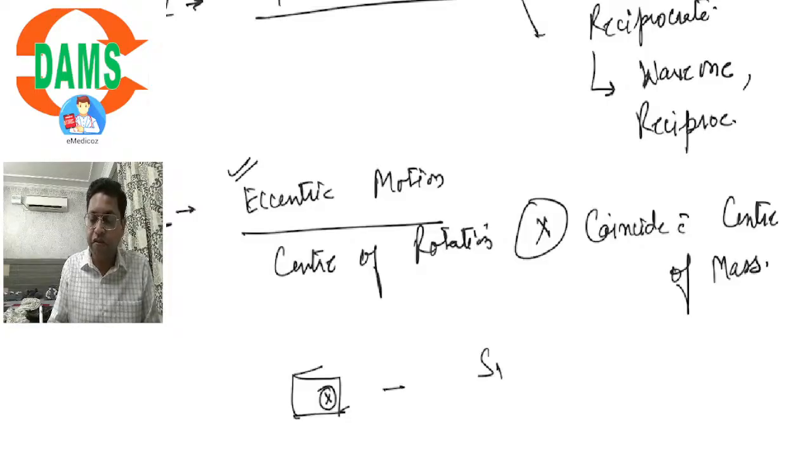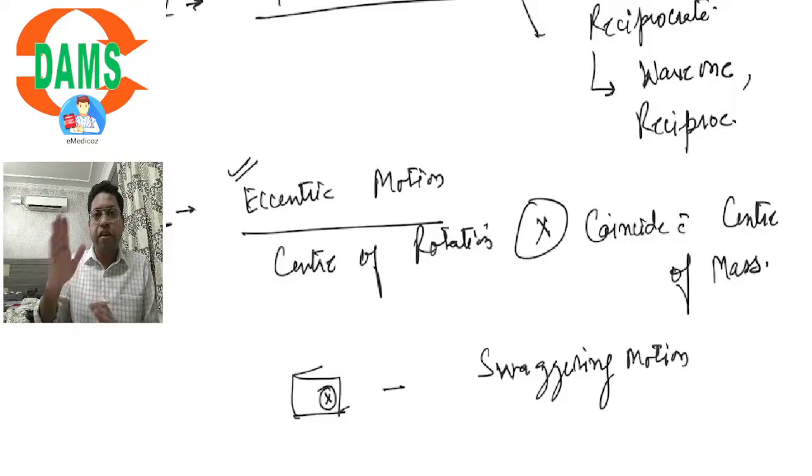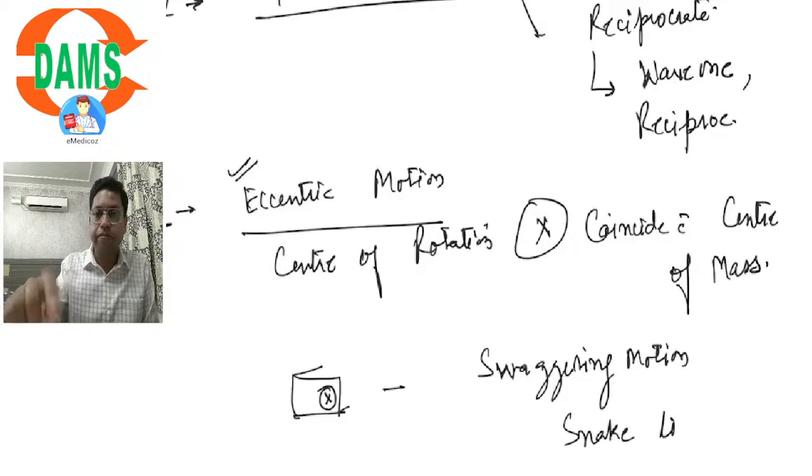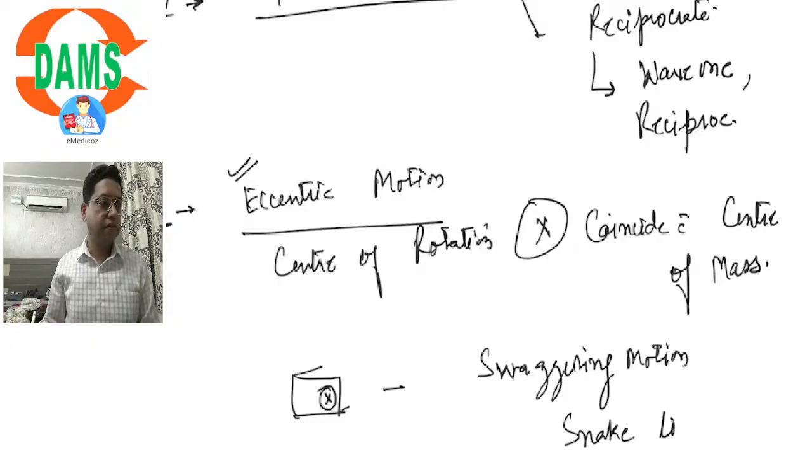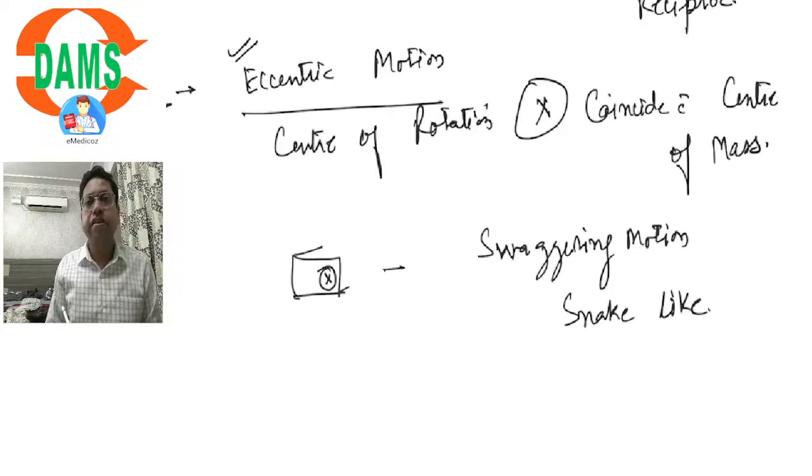This is sometimes also called swaggering motion. When they rotate, they have a swaggering, wave-like or snake-like motion inside the root canal.